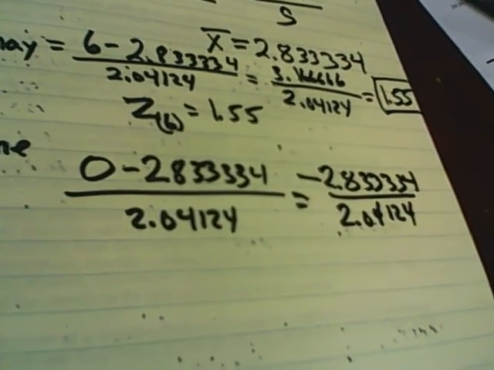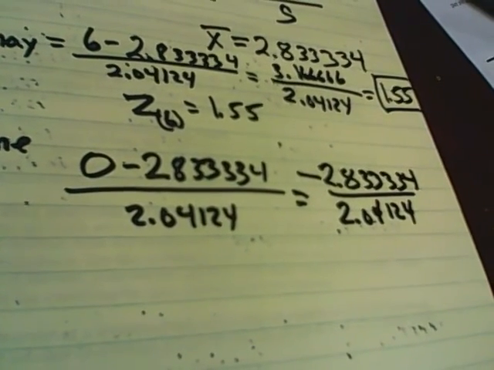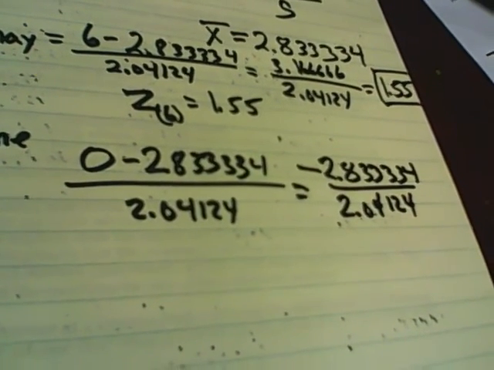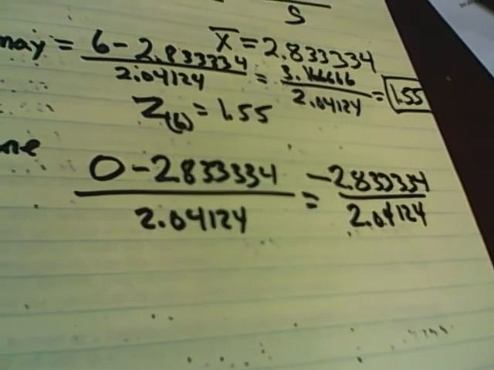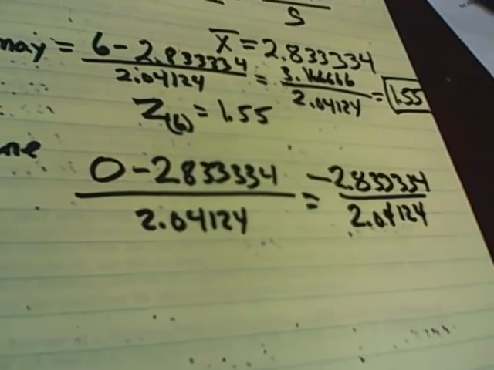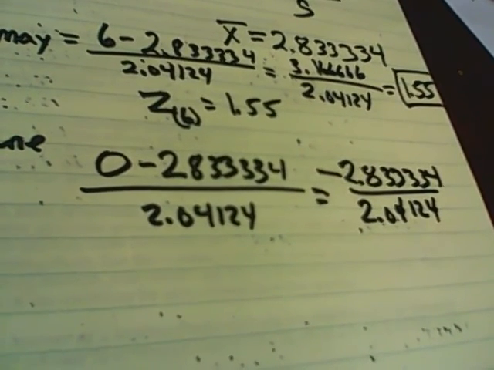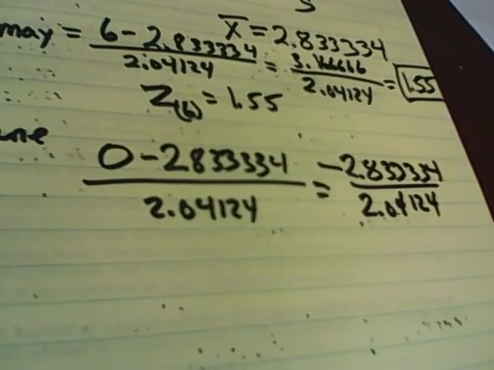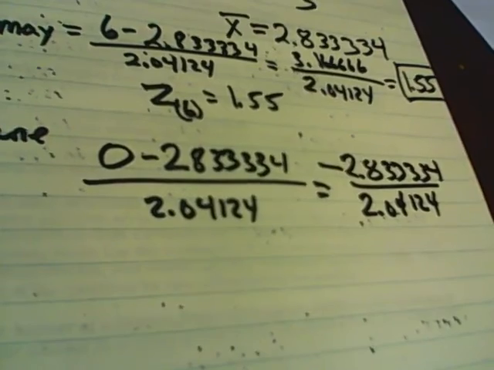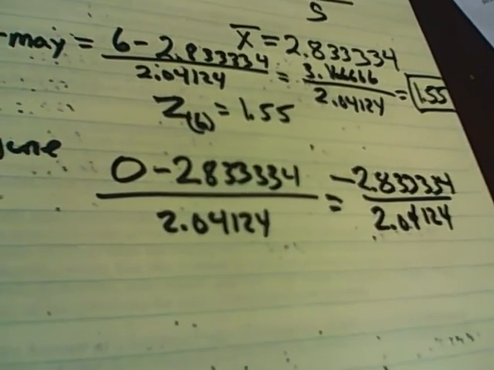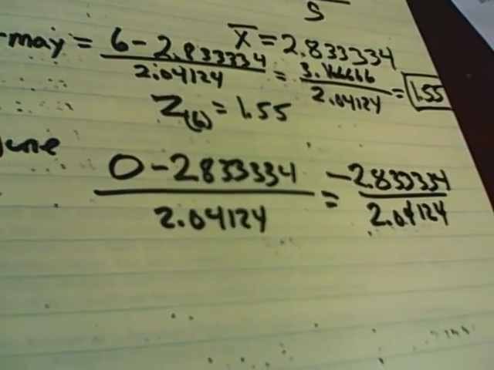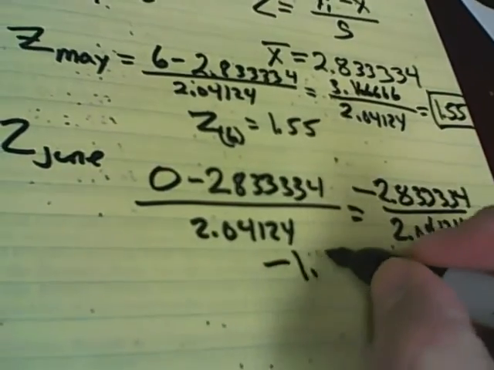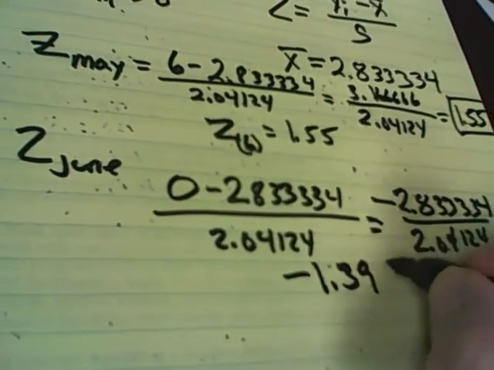Negative 2.83334 divided by 2.04124, and that comes out to be a negative 1.39.